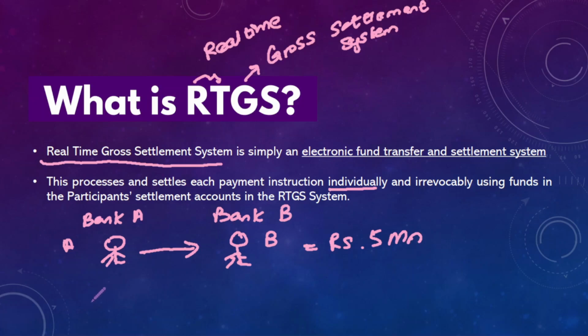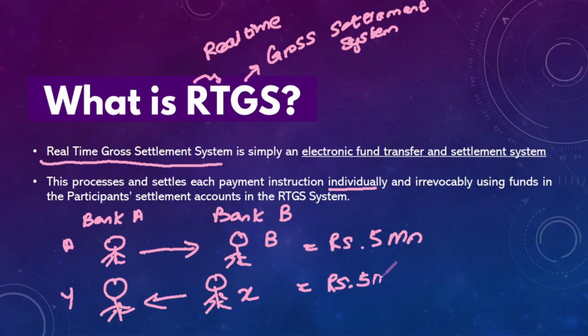Similarly, on the very same day, there is another customer in bank B, let's call this person X. He or she has to transfer funds to a customer named Y in bank A. That transaction value is also coincidentally 5 million.